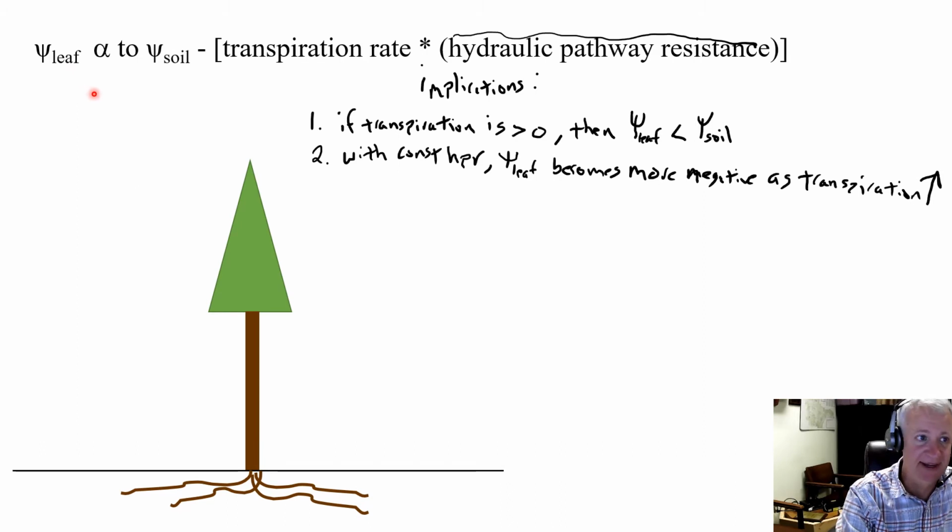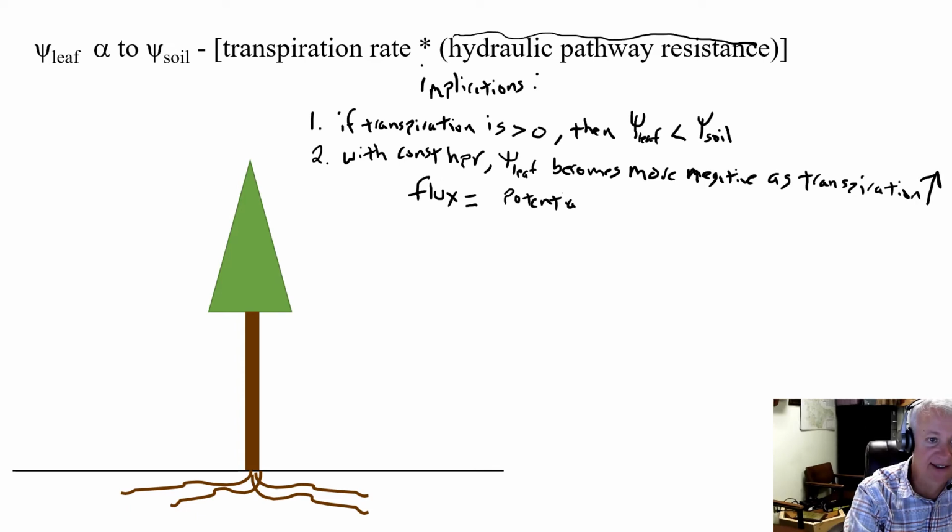Mathematically that makes sense because as this number gets bigger, this whole number becomes bigger and we're subtracting a bigger number from soil water potential. So mathematically that works. Qualitatively it also makes sense because we know that flux equals the potential difference, we learned this last lecture, divided by resistance.